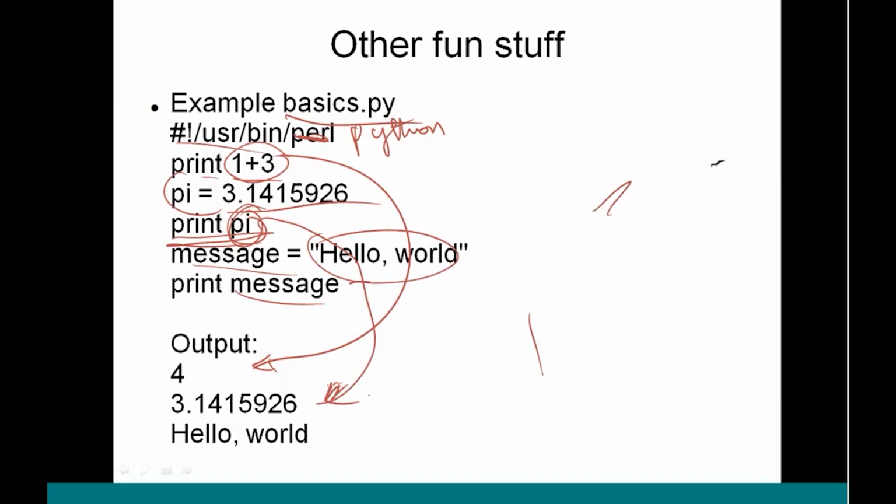And then finally the last one, print message, the message will again be replaced with its own value, which is the string. So you look at this, basically you have a variable name which you never declare what type of variable it is, and then you can also print those things fairly easily.